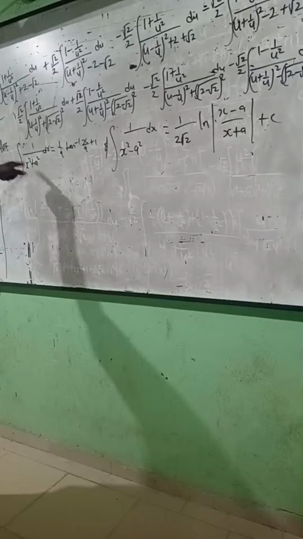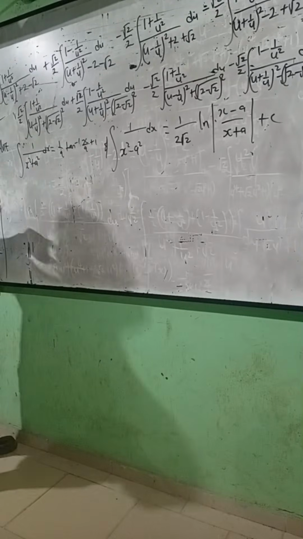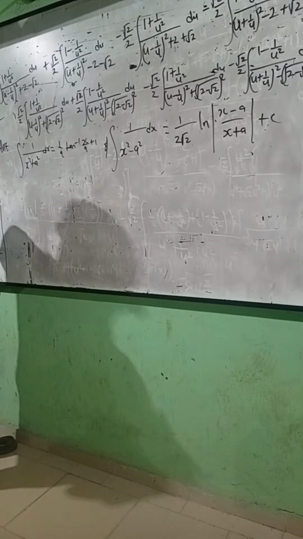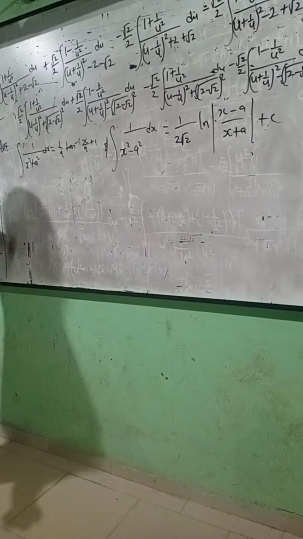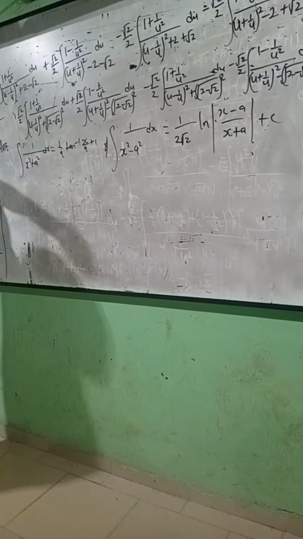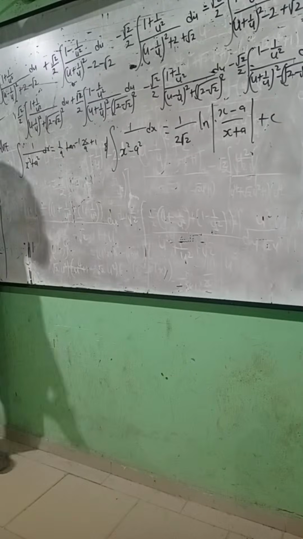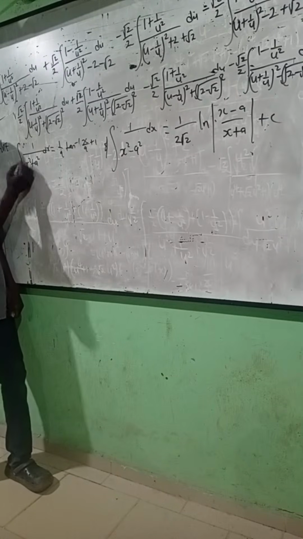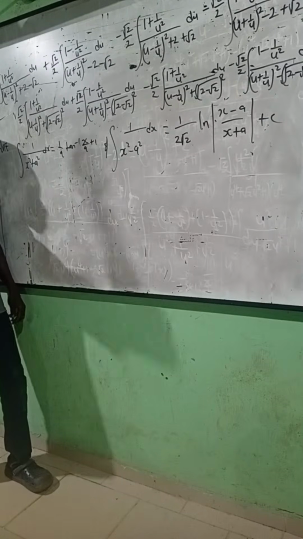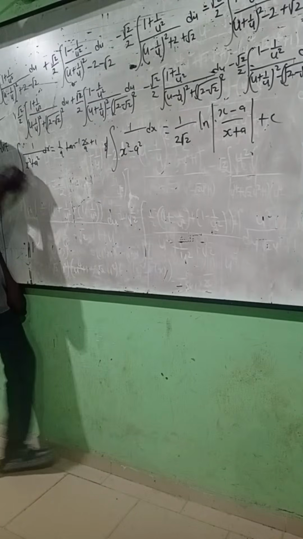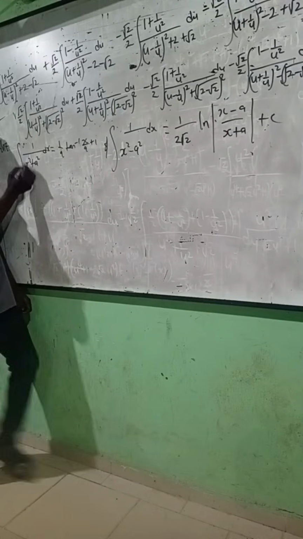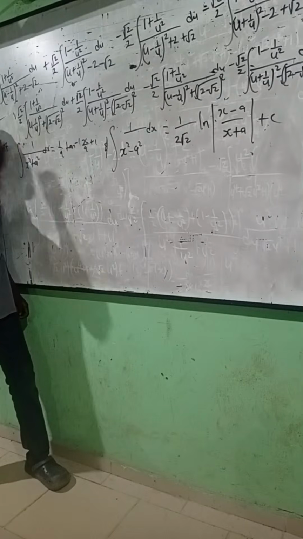Now, this integration is only valid if, what is inside here, excluding the power, what is inside there? x. This is only valid if the derivative of what is inside is the numerator.